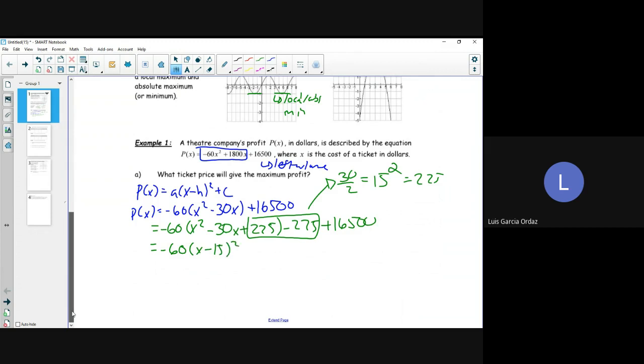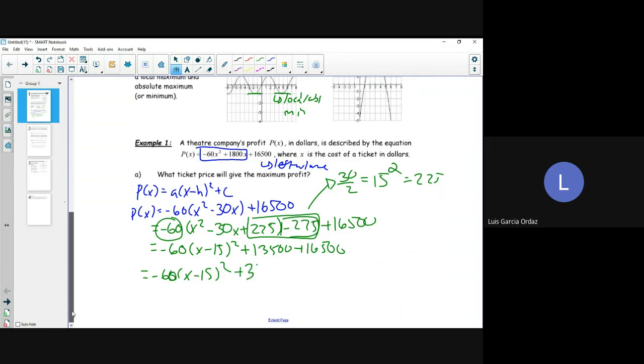And now this number, negative 225, we need to multiply by our a value, which is negative 60. So it gives us plus 13,500 plus 16,500.